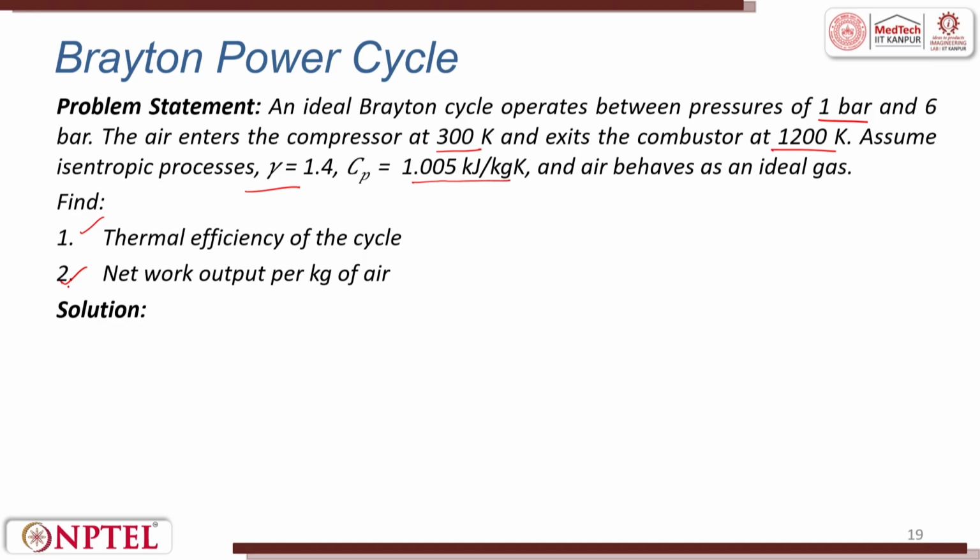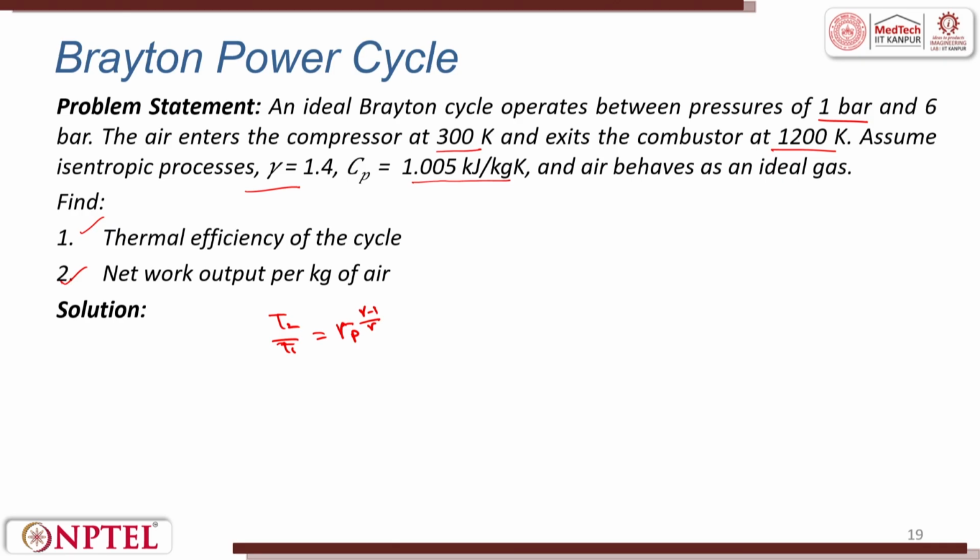Here you can use the same relations that I used in the previous problem. That is, we will use a relation T2 by T1 is equal to Rp to the power gamma minus 1 by gamma. This will give you the value, and you can again equate the compressor work to turbine work like I did in the previous numerical.